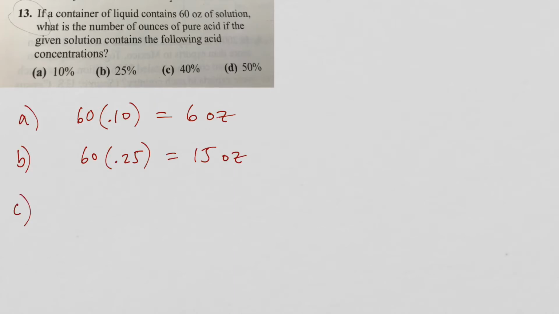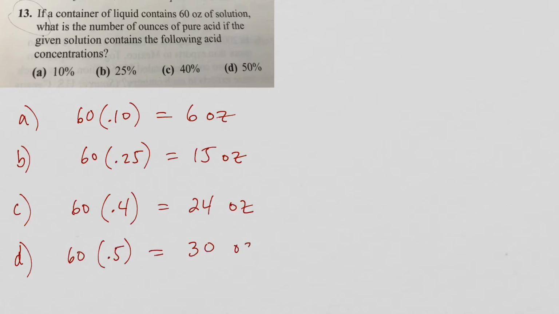Part C, 60 ounces of liquid at 40% pure is 24 ounces of pure acid. And part D, 60 ounces of liquid at 50% pure is 30 ounces of pure liquid or pure acid.